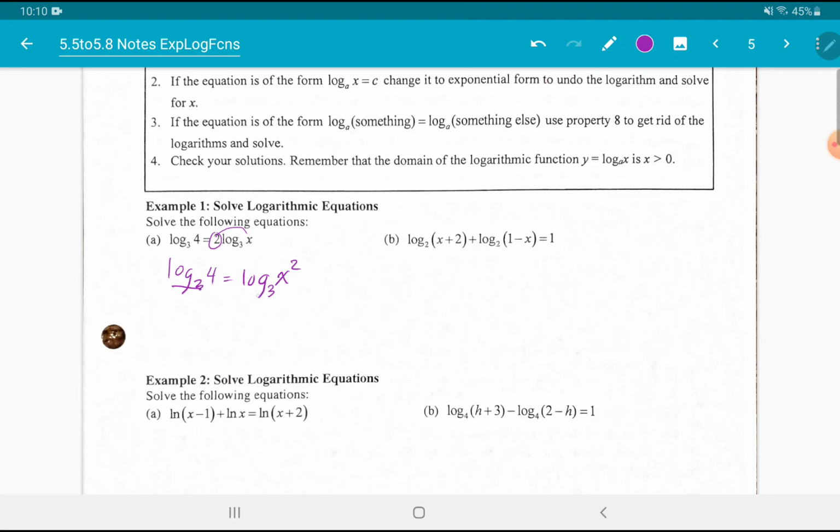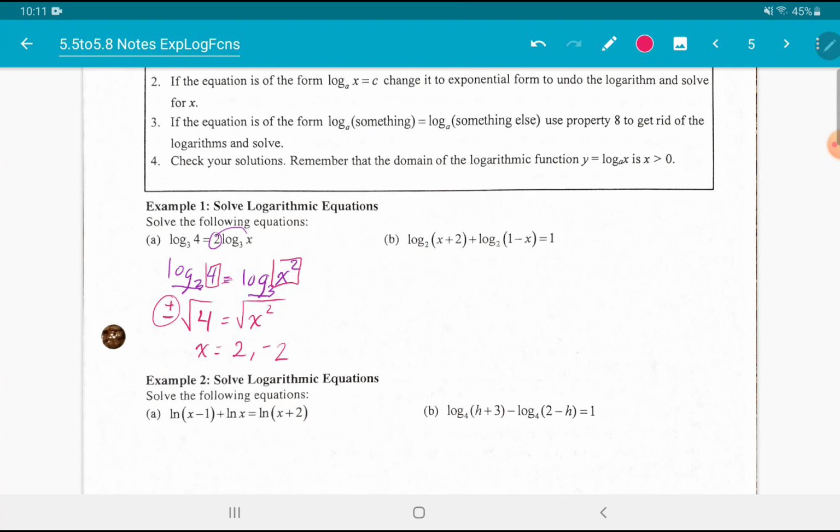If they're both log base 3's, then the numbers contained inside must be equivalent, since these are equal. So 4 is equal to x squared. To solve for x, I square root both sides. Remember, when you square root both sides, you absolutely need plus or minus. So in this case, x is equal to 2 and negative 2.